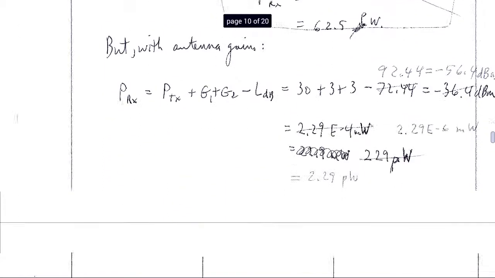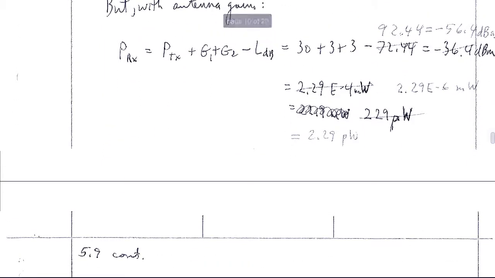Yep. And I had to correct the whole thing after starting off with the wrong frequency. In any case, I get negative 56.4 dBm of received power. And that is 2.29 times 10 to the minus 6 milliwatts, or 2.29 picowatts. Okay, that was a pretty straightforward problem.